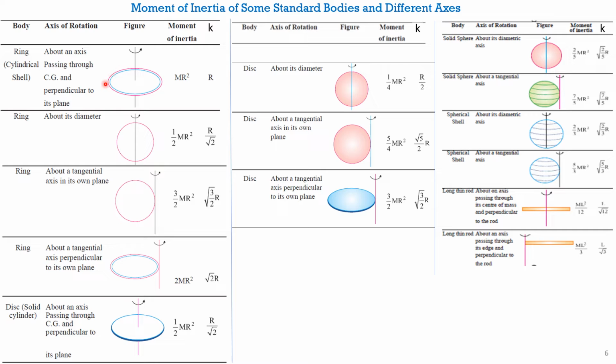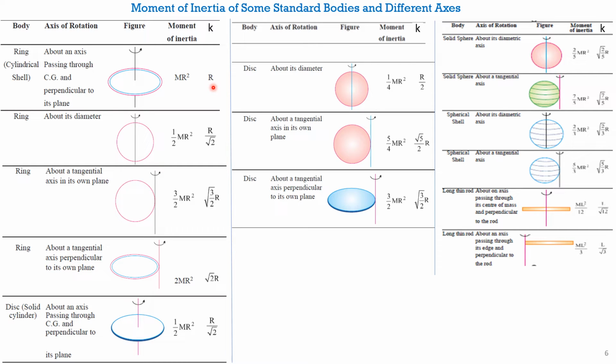This is the plane of the ring and this axis is perpendicular to the plane. The figure is shown here, and its moment of inertia is MR square, and its radius of gyration, small k, is R.